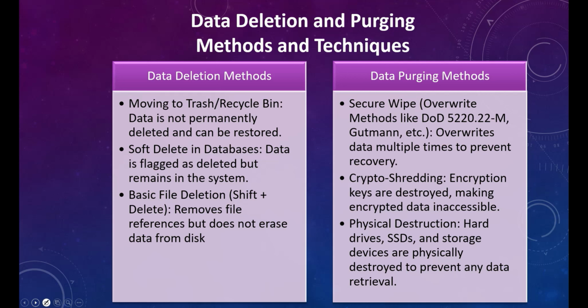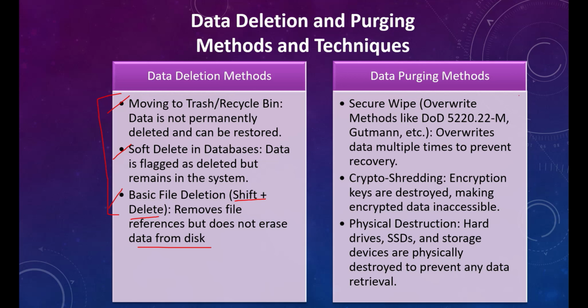There is also soft delete in a database, where you flag the data as deleted, but the data still remains. You can truncate the table, delete the table, or drop the table. Or there might be a case where we do a shift delete, which removes the file reference but does not erase the data from the disk. Even these are very simple day-to-day activities.